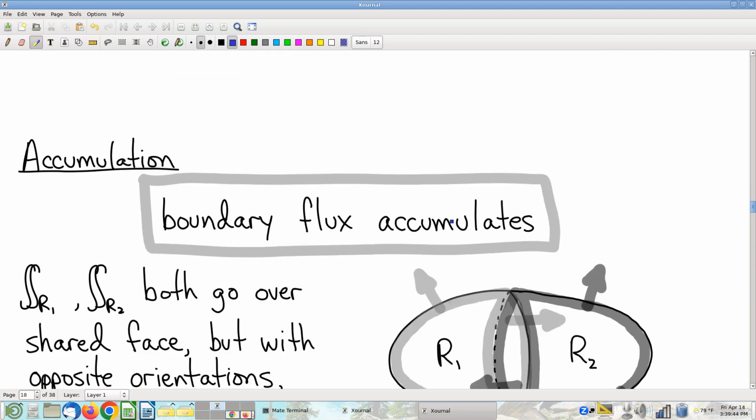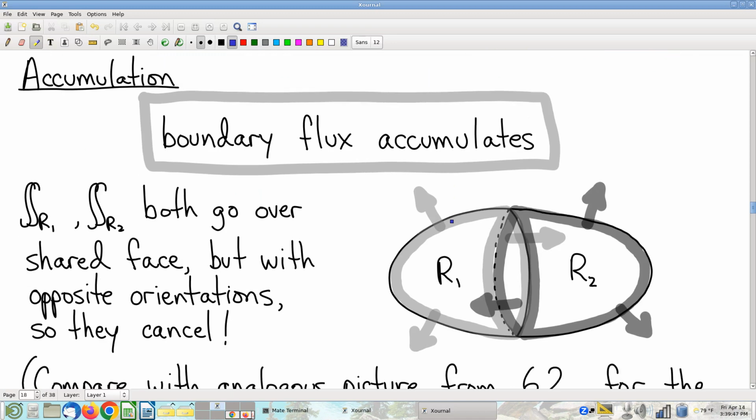Okay. So let's talk about accumulation. Green's theorem was about boundary circulation. That is not what Gauss's theorem is about. Gauss's theorem is about a different thing. It's about boundary flux. So, different thing. I claim, though, that it does accumulate.